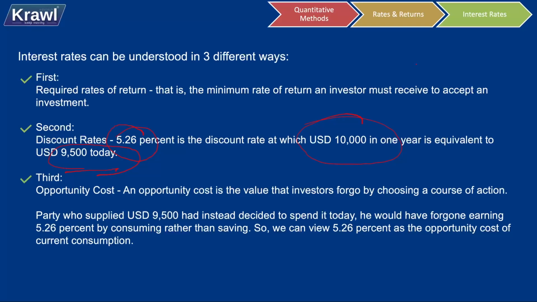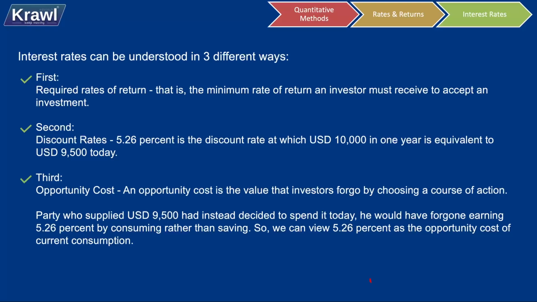The third is the opportunity cost. Now, in most of the cases, when we talk about opportunity cost, there is a compulsion for someone to actually have a consumption today. Despite that, the person is willing to let go of that consumption and push it sometimes into the future.